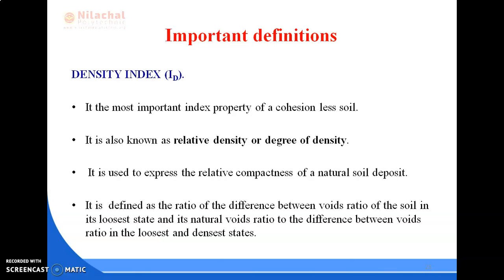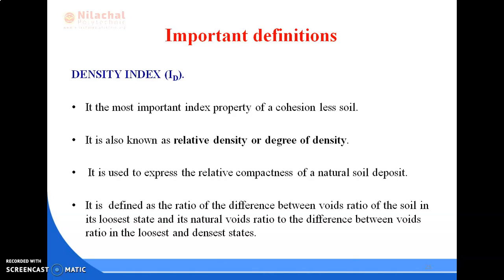Next definition is density index. Notation is capital ID. ID, density index, is the most important index property of a cohesionless soil, where c value equal to 0.